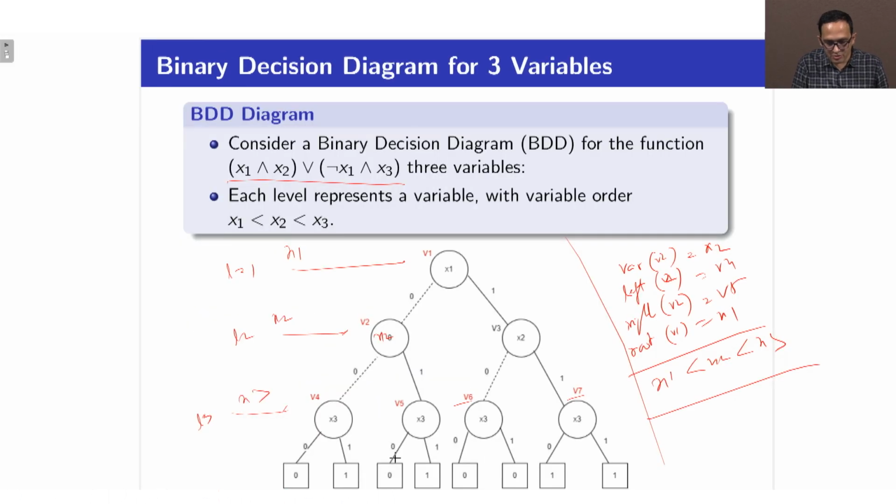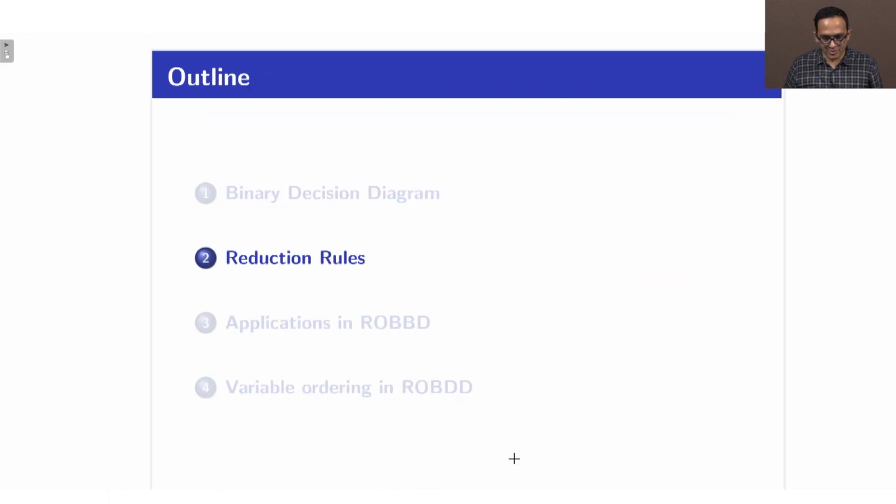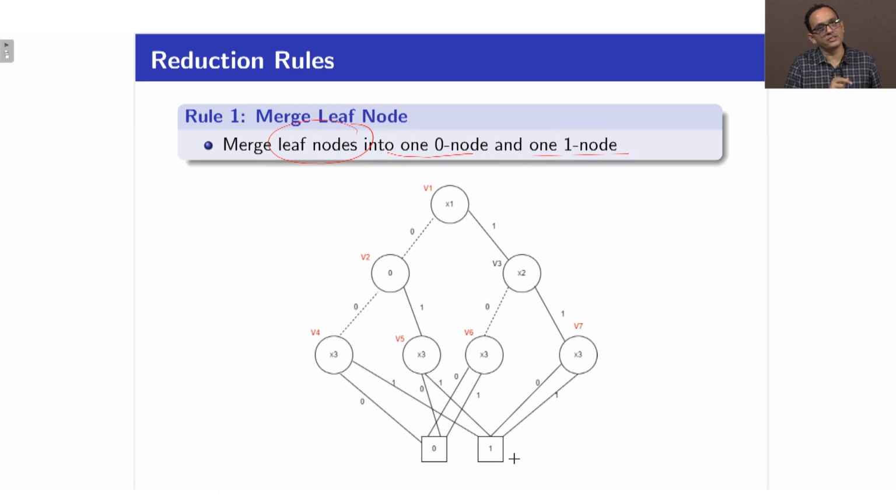All the edges going to a 0 node will come to this 0 node, and all the edges going to a 1 node will go to that 1 node. It is very simple, and the version will look like this. All the 0 nodes are coming here and all the 1 nodes are coming to this. We usually represent the 0 by dotted nodes, but that does not matter much. So we have now this.